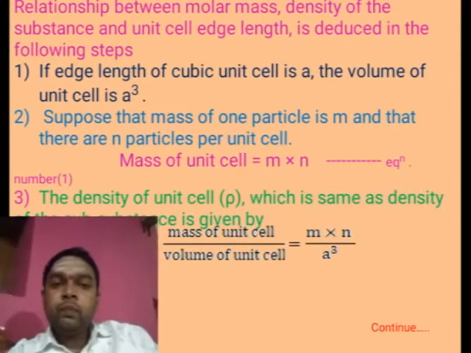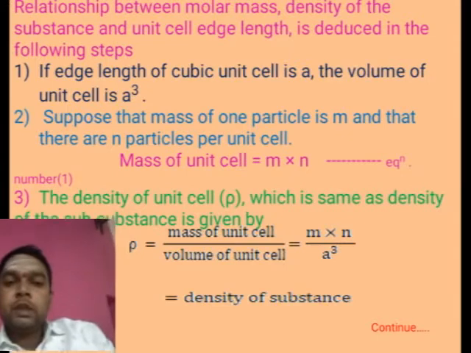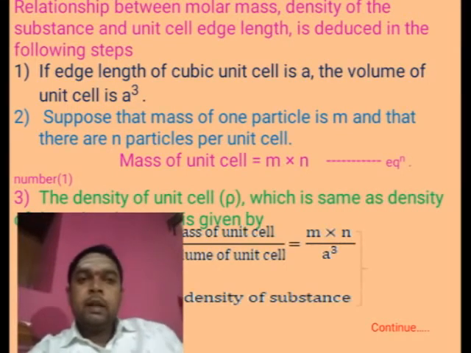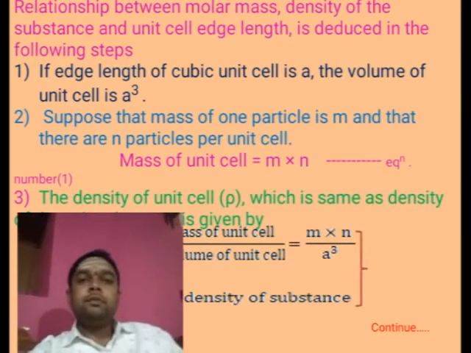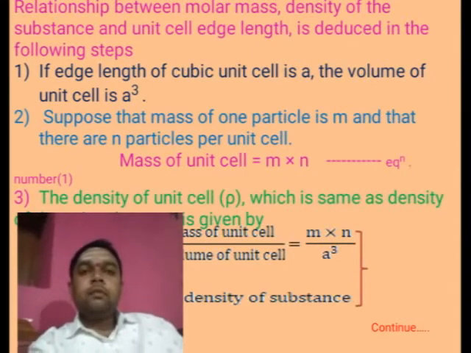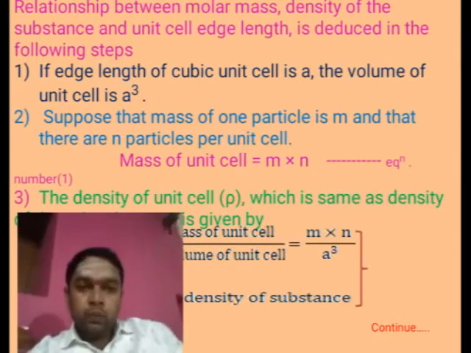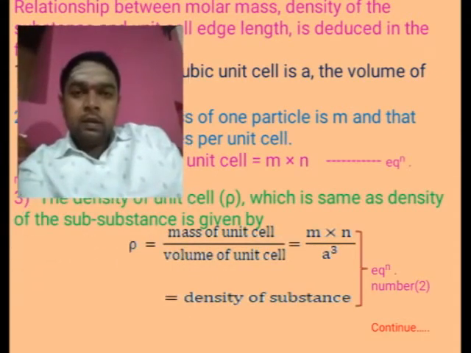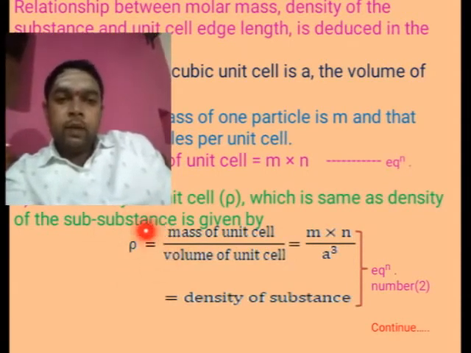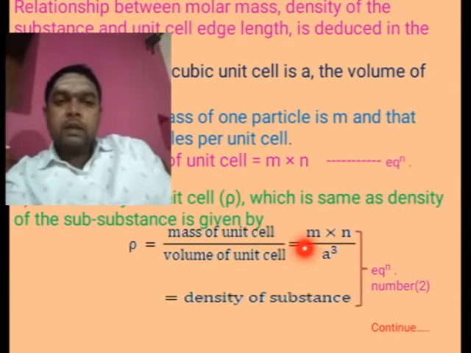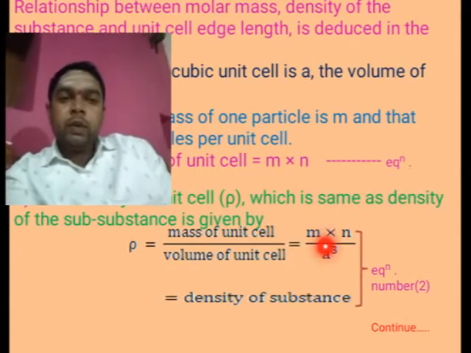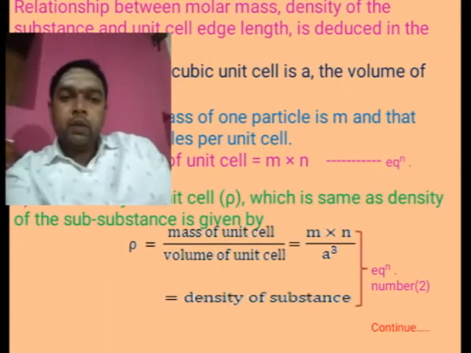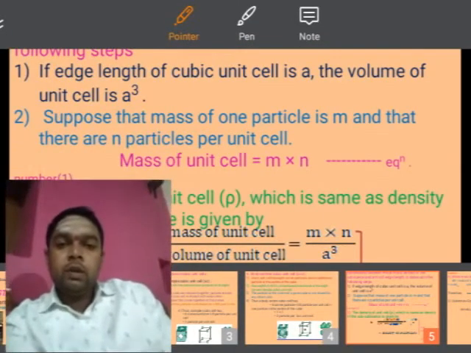Therefore, rho equals m n upon a cubed, the density of the substance. This is equation number 2. This gives the density of the substance.